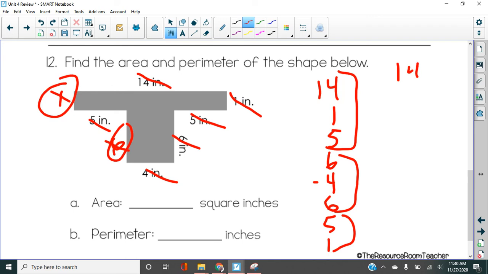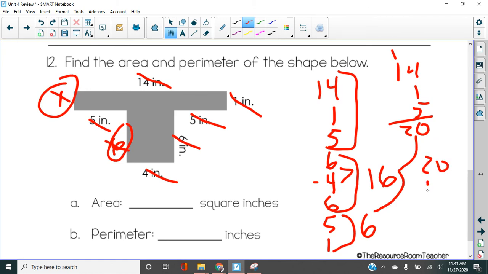Okay, so 14 plus 1 plus 5, that is 20. 6 plus 4 is 10, plus 6 more is 16. Those are 16. These are 6. And now I'm going to take my 3 answers here, 20, 16, and 6. What is the most common mistake is that people forget a number or they leave out a number and then they get stuck. All right, so our perimeter was 46 inches.